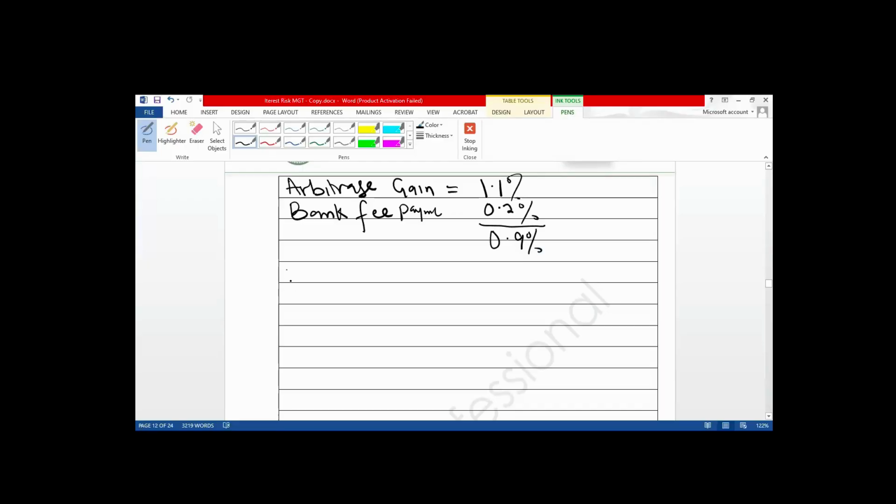Now, MAVA director says they must be able to get 0.4. MAVA will get 0.4. Out of 0.9, you give 0.4 to MAVA.